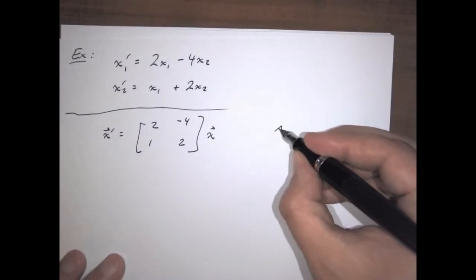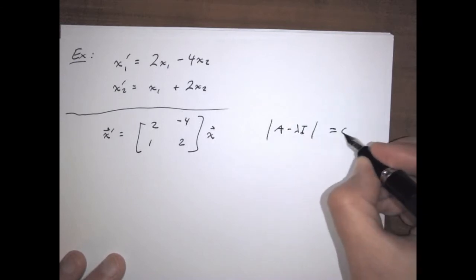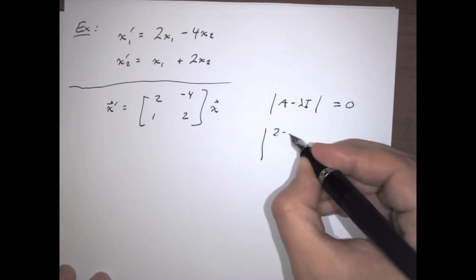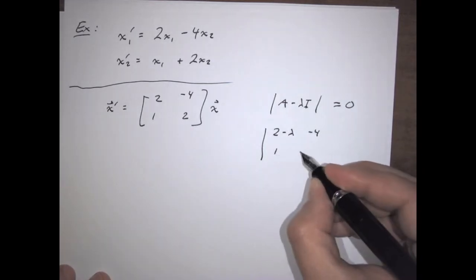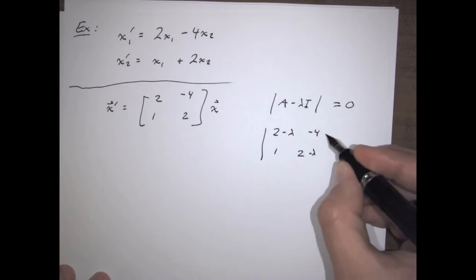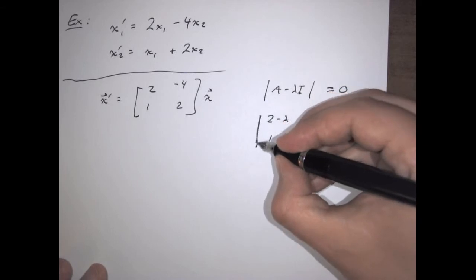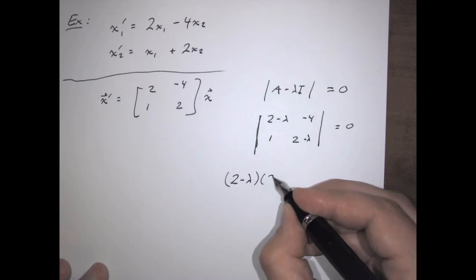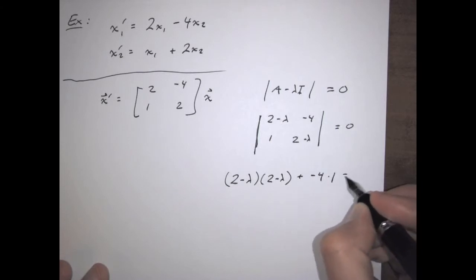So then A minus lambda I, the determinant of that, we're going to set equal to 0. So A minus lambda I is going to look like 2 minus lambda, negative 4, and then 1, and then 2 minus lambda. And that's supposed to all equal 0. We're taking the determinant. So now that times that is 2 minus lambda times 2 minus lambda, and then plus negative 4 times 1 equals 0.